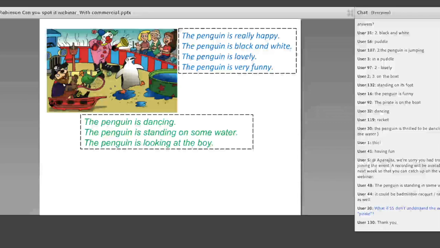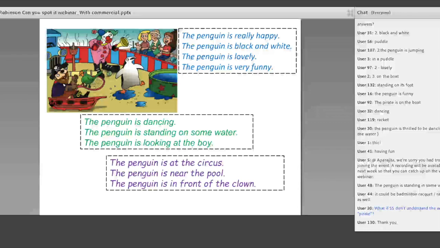They can use verbs in the ing form usually, because they're describing what these animals are doing. And they can also talk about where they are, their position in the picture or in this situation.